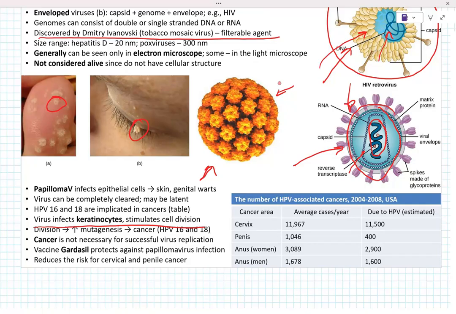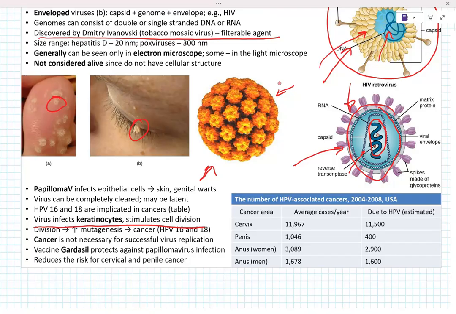So, for some inexplicable reason, some subtypes of human papillomavirus turn off that safety switch, turn off that pathway to apoptosis, to death. And those cells keep going and eventually become malignant.